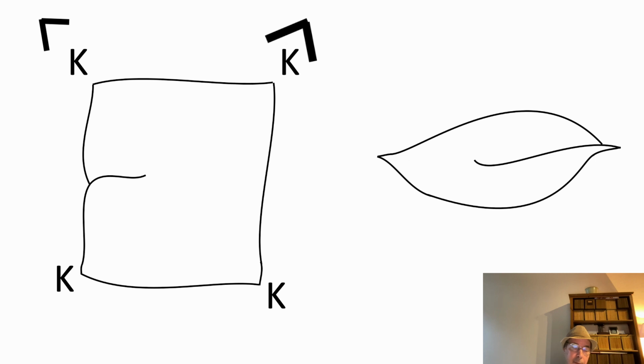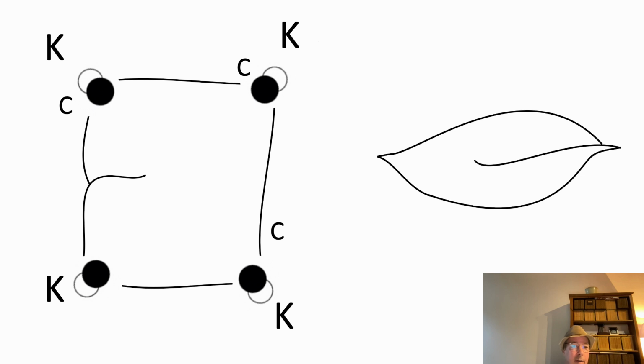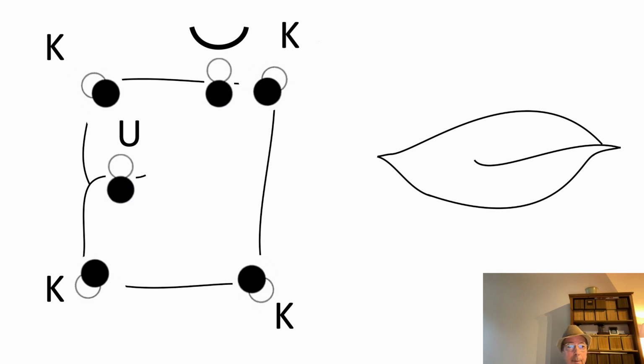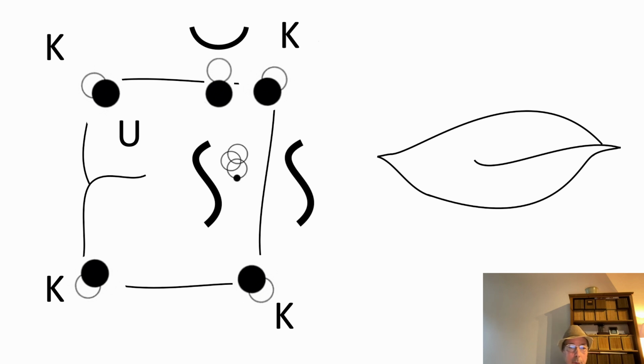This is the K, the edges, or the C with a small difference in volume. Here's the K, so on the edges. The U makes a difference between inner and outer form. The S, this is the form of the S we know.